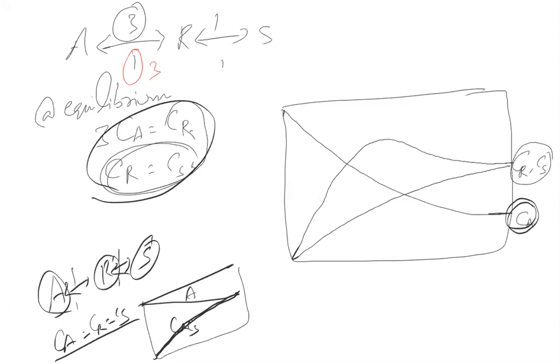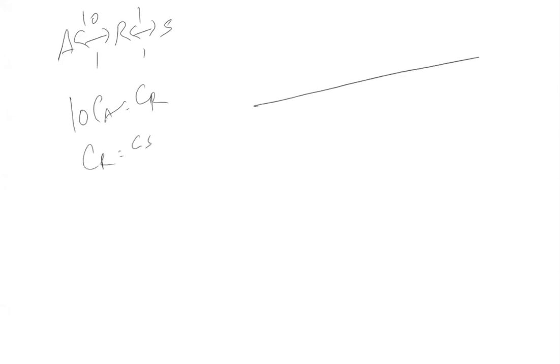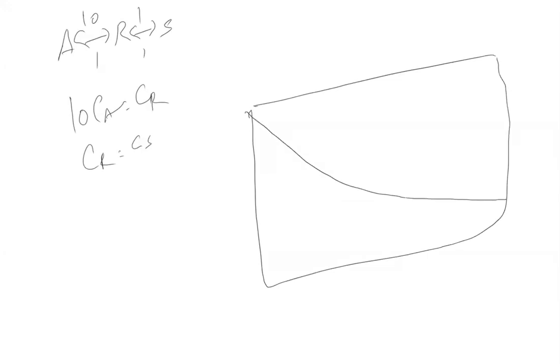So that is why one more example is given in the Levenspiel book, which is A gives R gives S, reversible. This is 10, this is 1, this is 1, 1. Here what happens is 10 CA equal to CR, CR equal to CS. So here you can clearly see the concentration of A is extremely less.